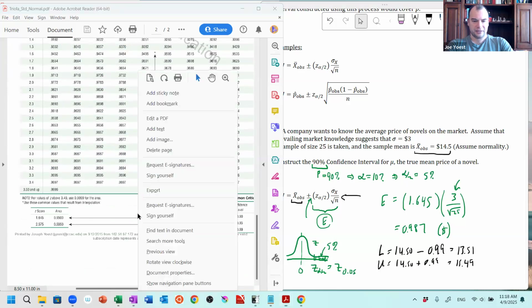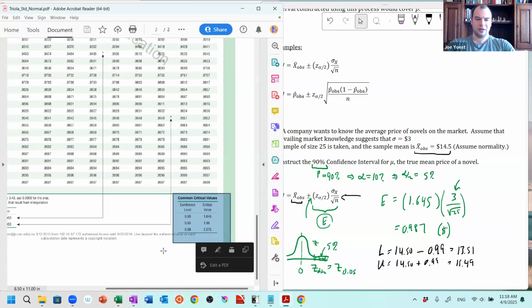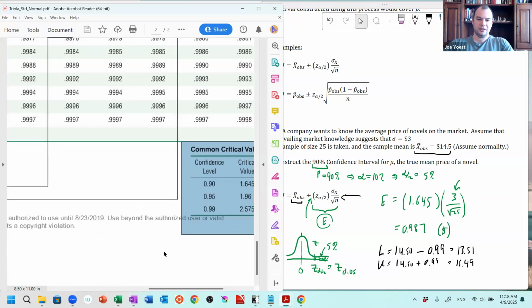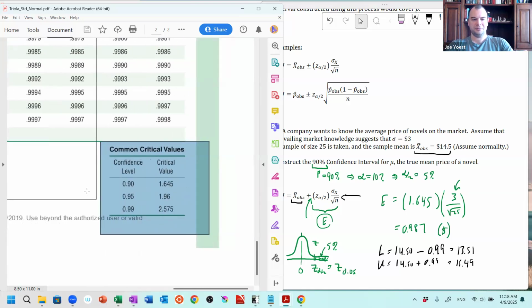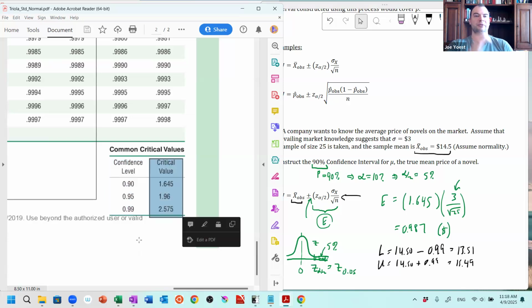And in fact, if you look down here, there's actually a little cheat sheet. We were doing it the long way around just to get a little more practice with the normal table. But there's even a cheat sheet down here on the normal table itself that says for confidence levels, here are your critical values, here are your z indices.